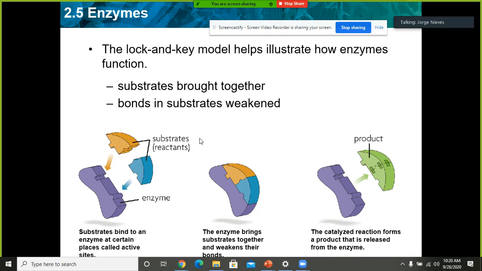Another question we can ask is: how does the structure of an enzyme affect its function? Who can tell me? ¿Cómo la estructura de una enzima afecta la función de la enzima? Eso lo dijimos hace unos segundos, okay? If the structure of an enzyme changes, its function will change also.